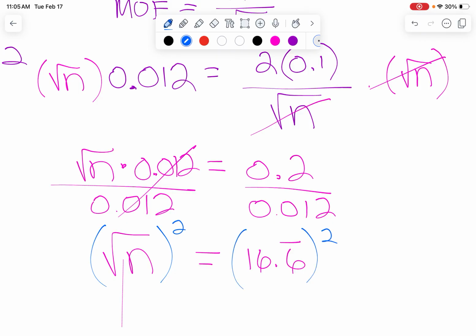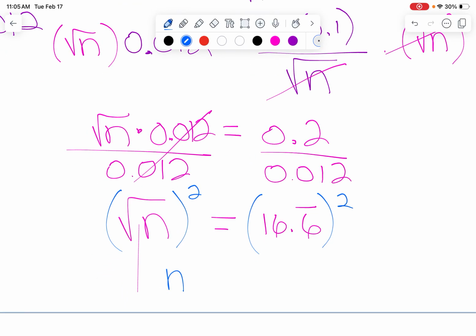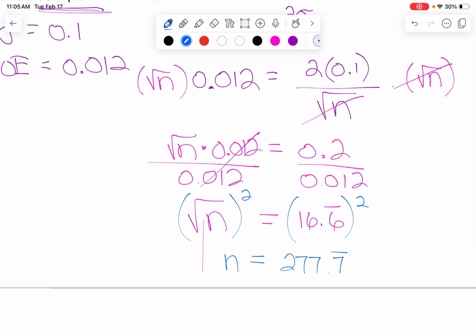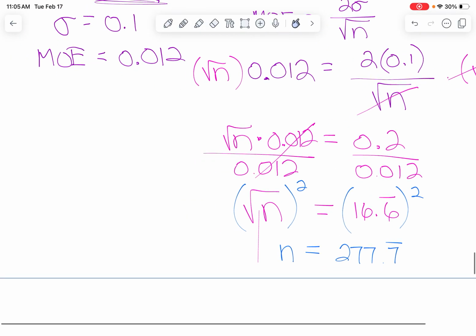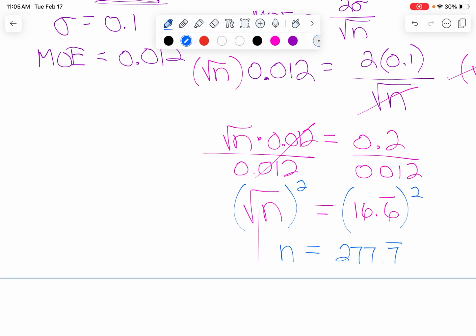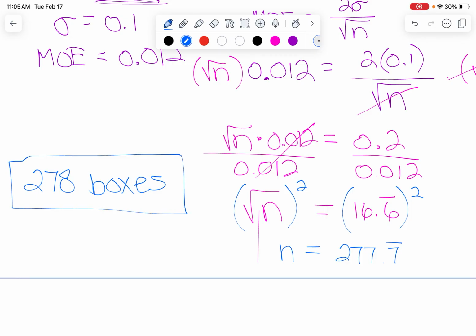So when we did that, we get n equals 277.7 repeating. So what that means is they would need to sample 278 boxes. So our answer, let's write this over here, 278 boxes would be our sample size that they would want.